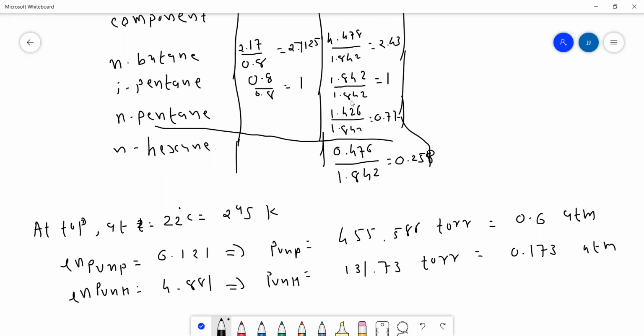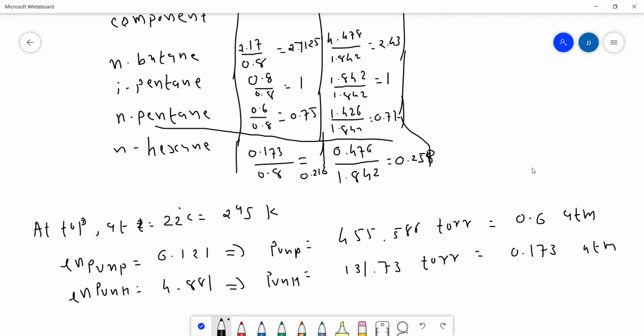So now the relative volatility becomes 0.6 divided by 0.8, which is equal to 0.75. And 0.173 divided by 0.8 is equal to 0.216.